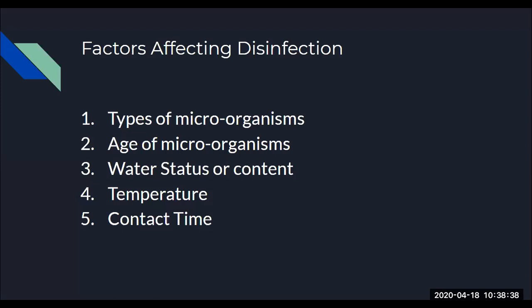3, water status or the water content. When choosing a disinfectant, this is one of the factors that we must consider. What is in our water? What chemicals? Do we have iron? Do we have manganese? What are some of the chemicals in our water? Is our water very turbid? Do we have other little particles or things that are in our water?